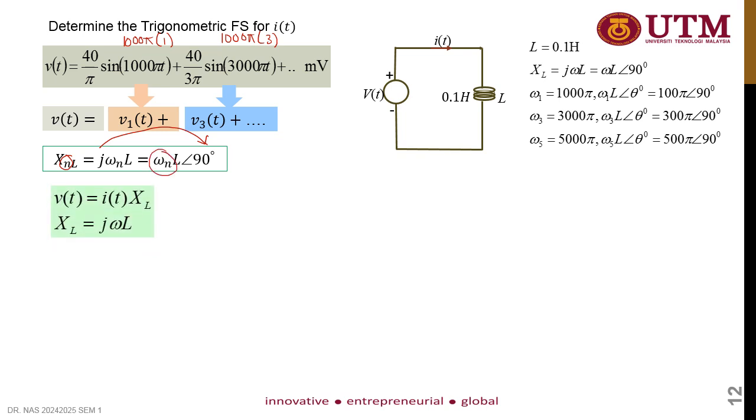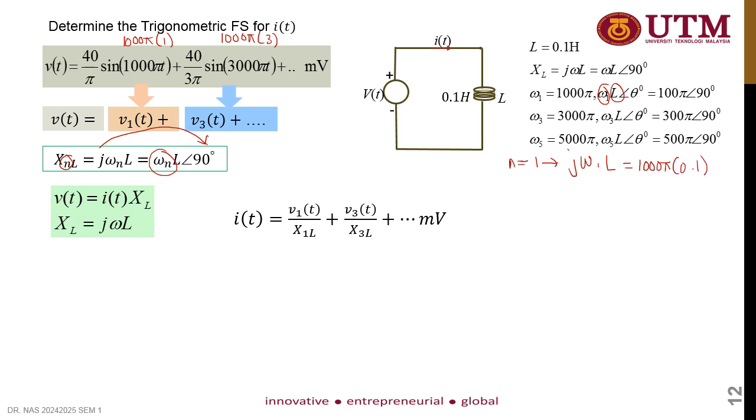Okay, so let's look at this calculation. When you have n equal to 1, your j omega 1 L equal to, so this is omega 1 L, so omega 1 is 1000 pi, and your L is 0.1, and then j equivalent to 90 degree.